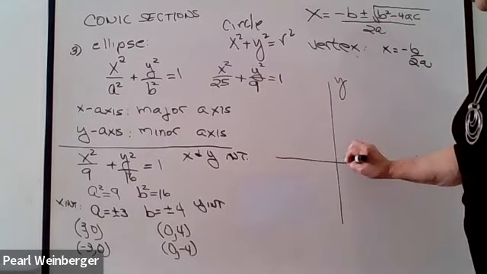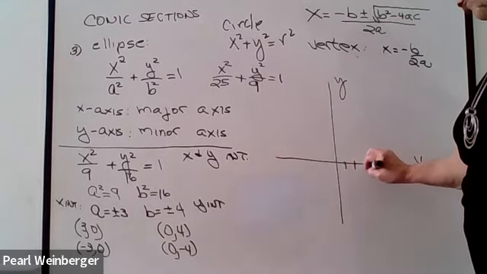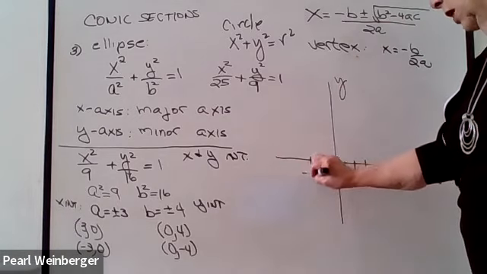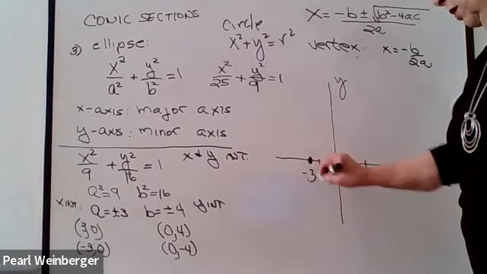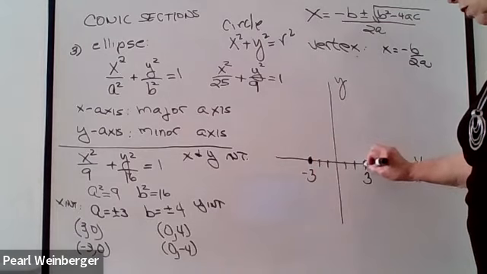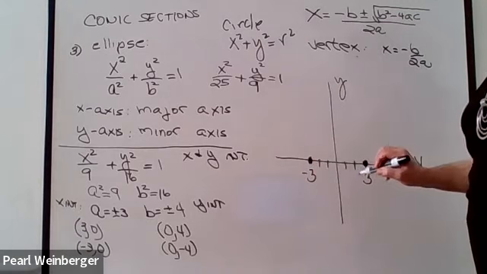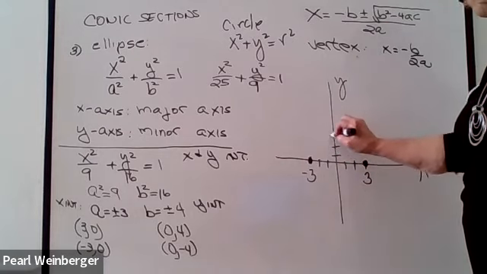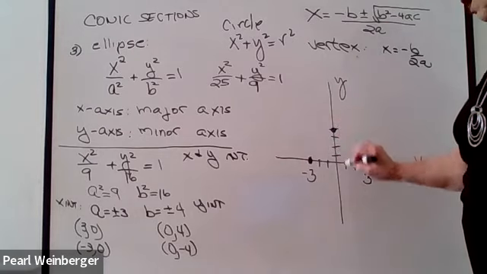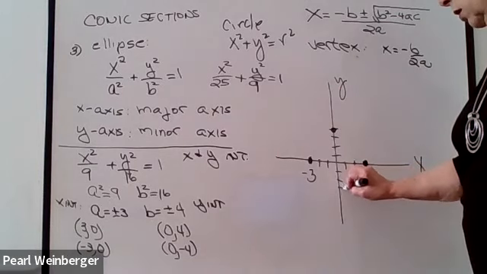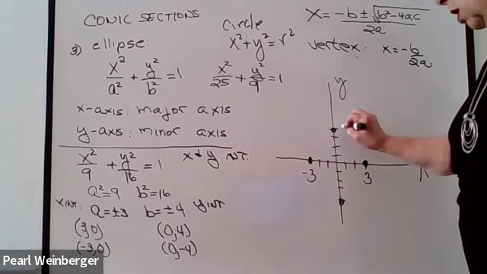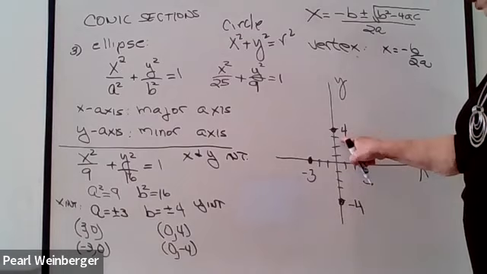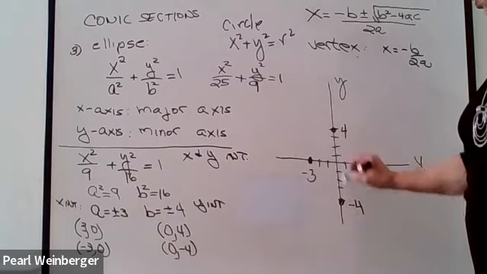Here are the two x-intercepts, 1, 2, 3, and -3. Here's (3, 0), here's (-3, 0). The y-intercepts are 4 and -4. This is (0, 4), this is (0, -4).